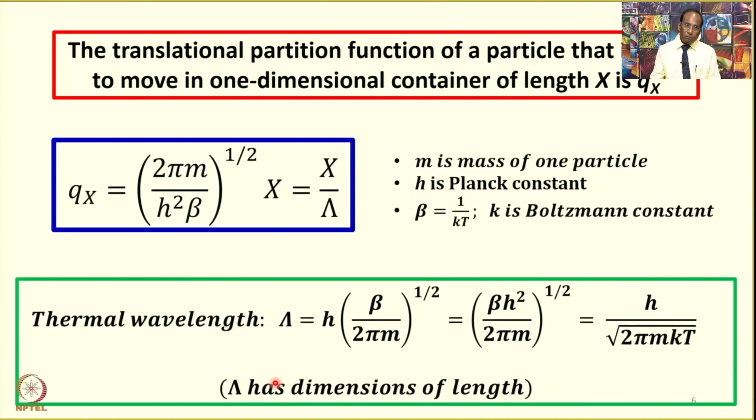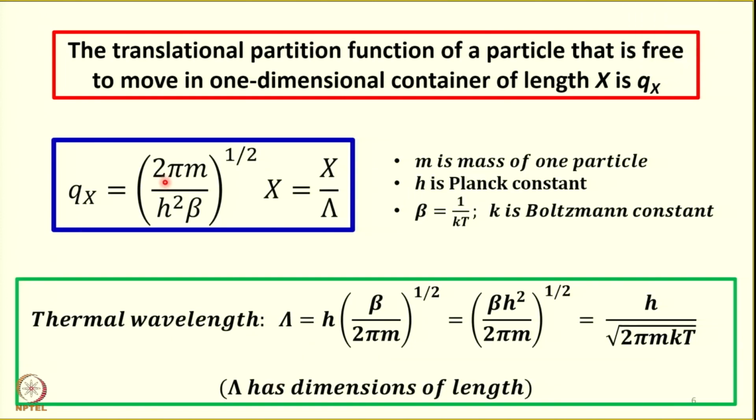When we derived this, Qx is equal to square root of 2 pi m over beta h square, into x, you can write this as x by lambda, where lambda is the thermal wavelength because its units are in terms of length. Thermal wavelength has the form square root of beta h square over 2 pi m, or h over square root of 2 pi m kT, any of the forms.